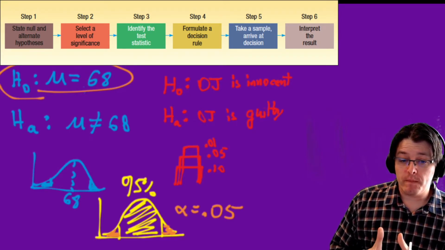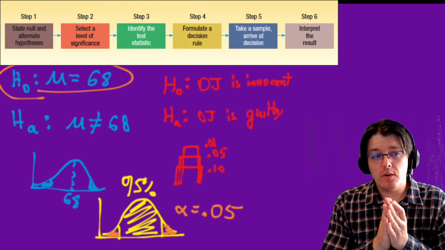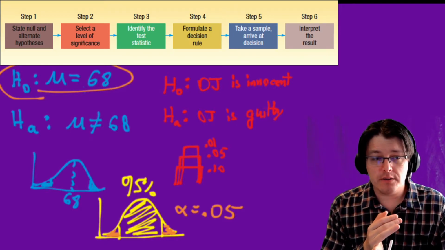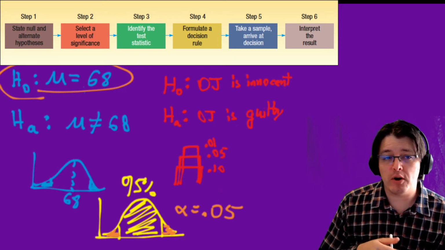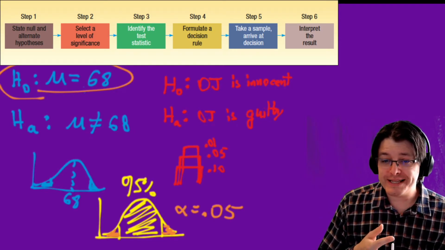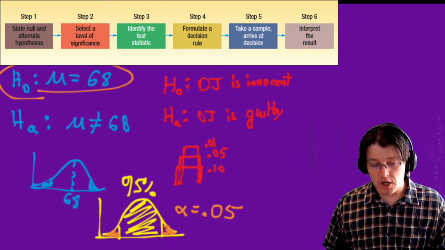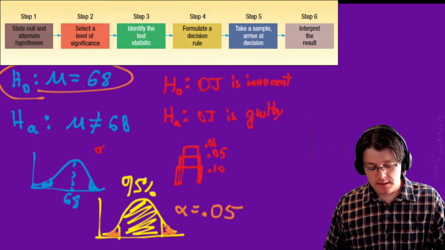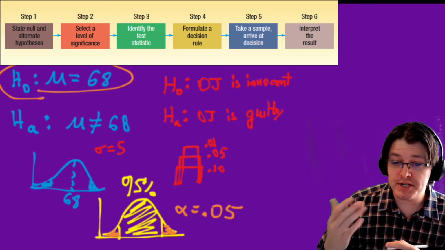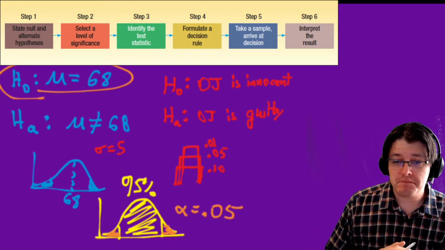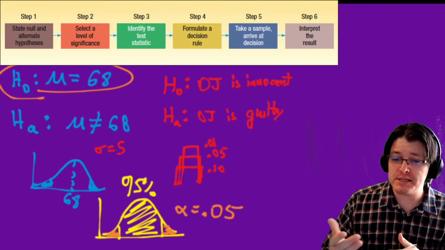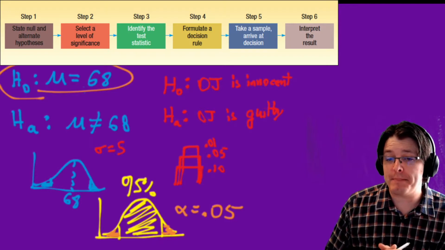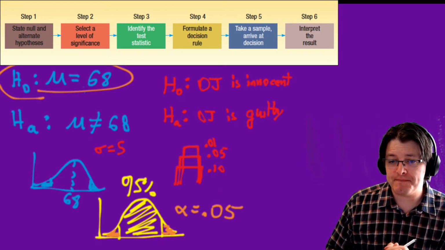Okay, so we have our null and alternative, and we've chosen a level of significance. Let's say it's 0.05. Let's say in this case the population standard deviation is 5. Again, in this scenario, we probably don't know that, but we will see a number of examples where we do know the population standard deviation.